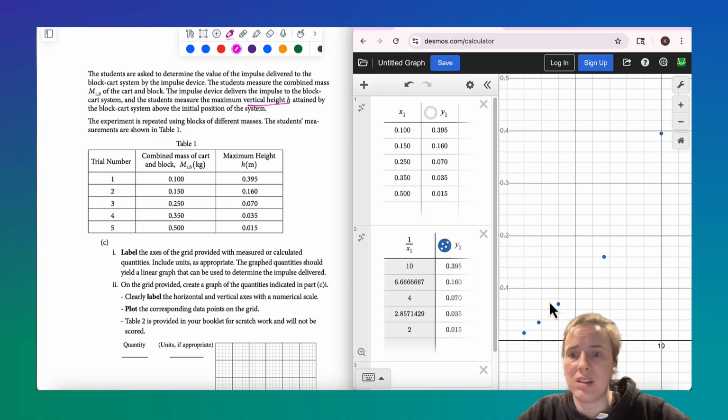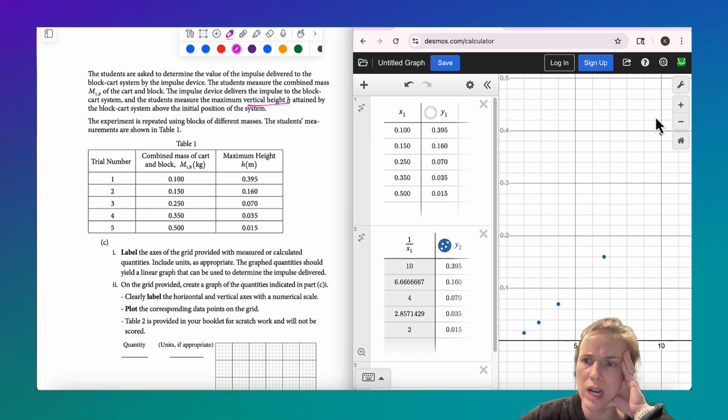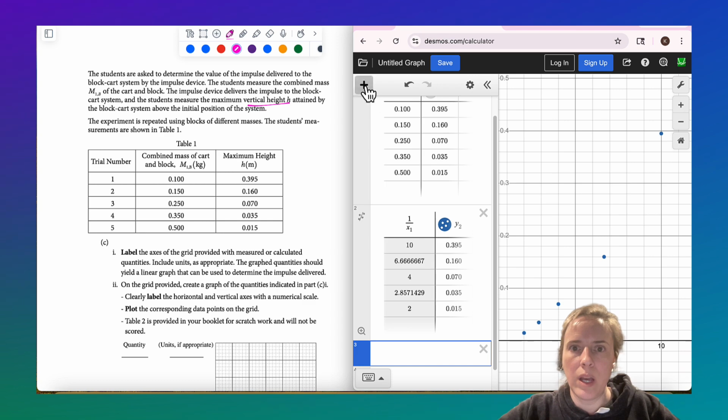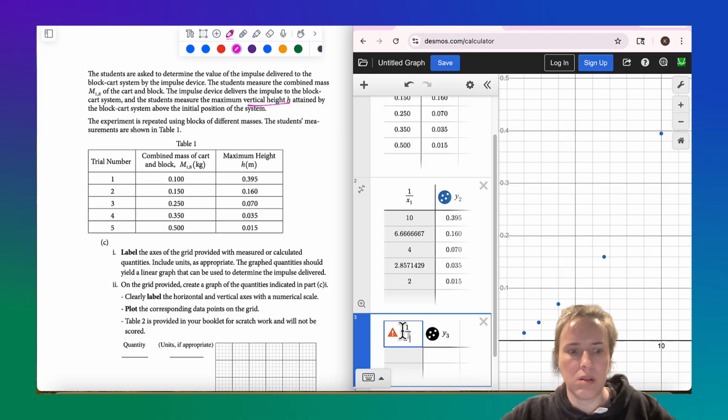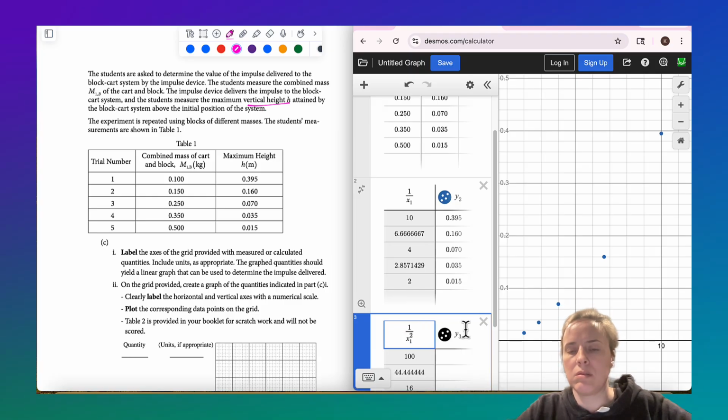That's still not linear. Well, wait a second. That kind of looks quadratic now. So now instead of graphing 1 over x1, what happens if we graph 1 over x1 squared?